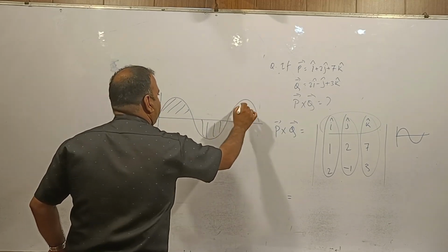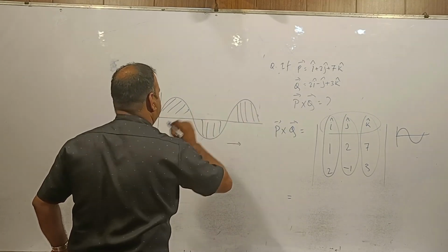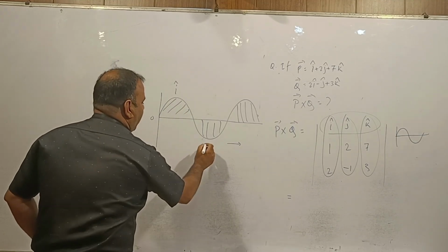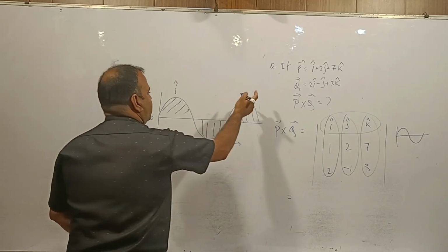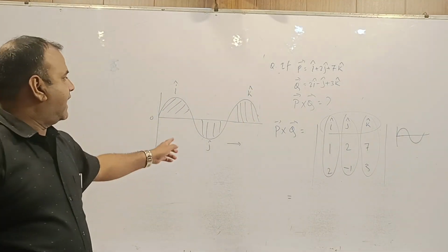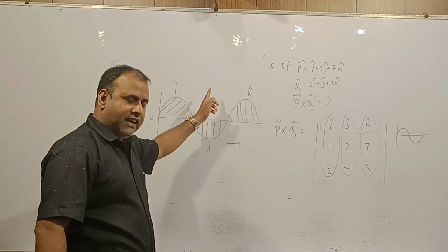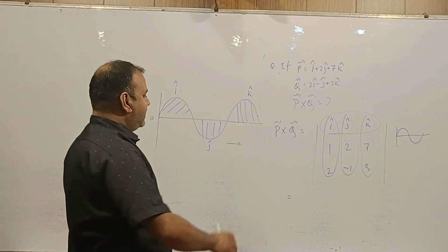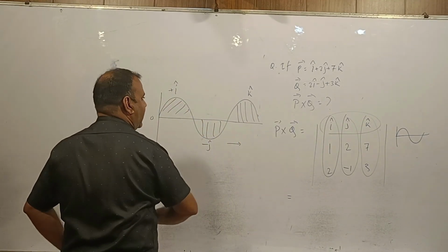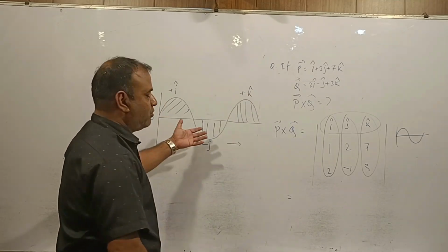This part again is positive. So the positive part will be i cap, the negative part will be j cap, the positive part will be k cap. So i cap, j cap and k cap: i is positive, j is negative, k is positive according to the diagram.